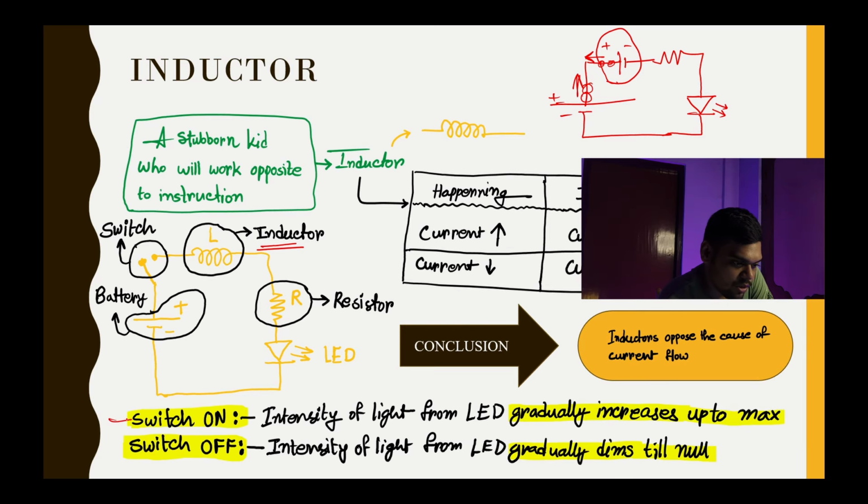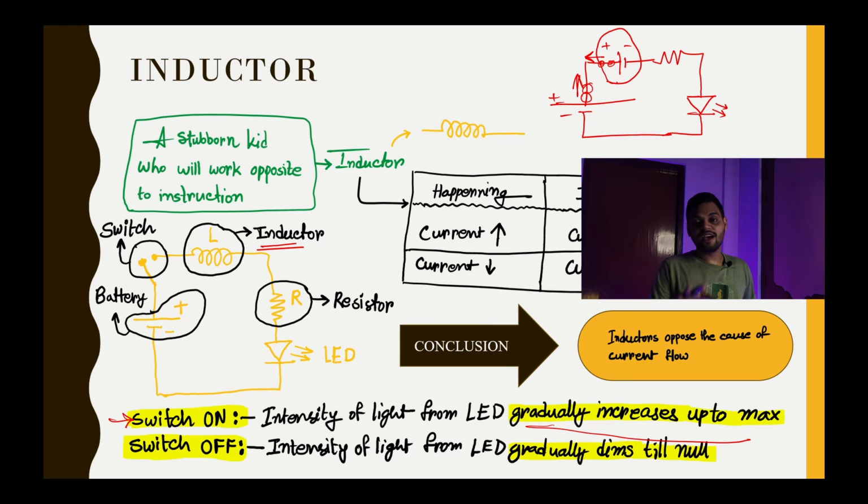Once the switch is on, the intensity of the light from the LED gradually increases up to max. When the inductor encounters the current, it will try to decrease it, but it can't decrease it all the time. The battery has the upper hand, so it eventually glows up to max.